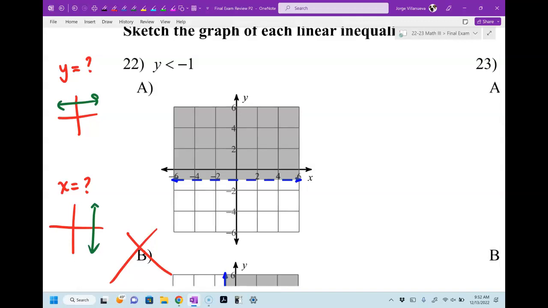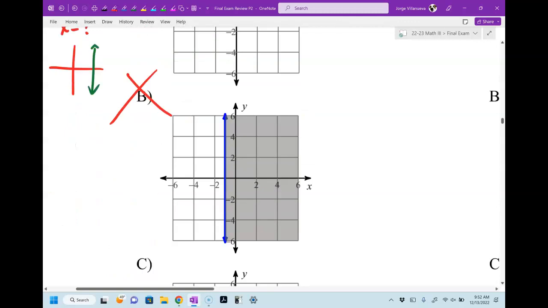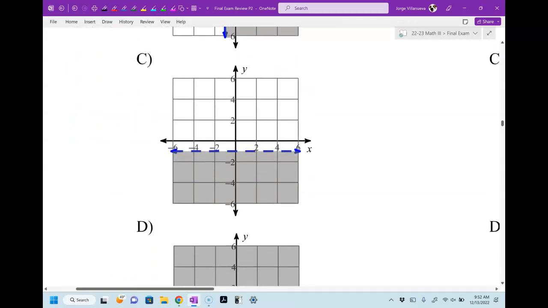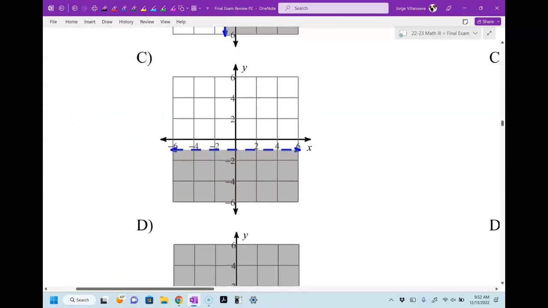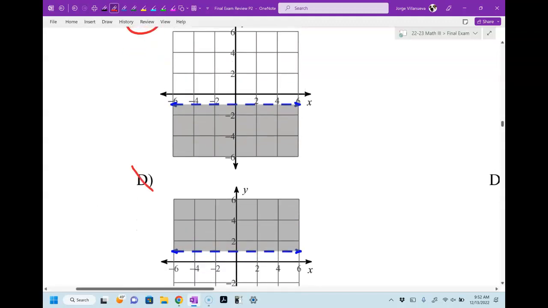Now that one makes sense. It has to have a dash line. That one makes sense. And since it says less than, it has to be shaded below. Well, that one doesn't make sense, so this one is not right. And then you look at C. That one is at -1. It's a dash line. It's flat. And it's shaded below. So that's perfect. Notice how D is shaded above. So that one's not going to work.